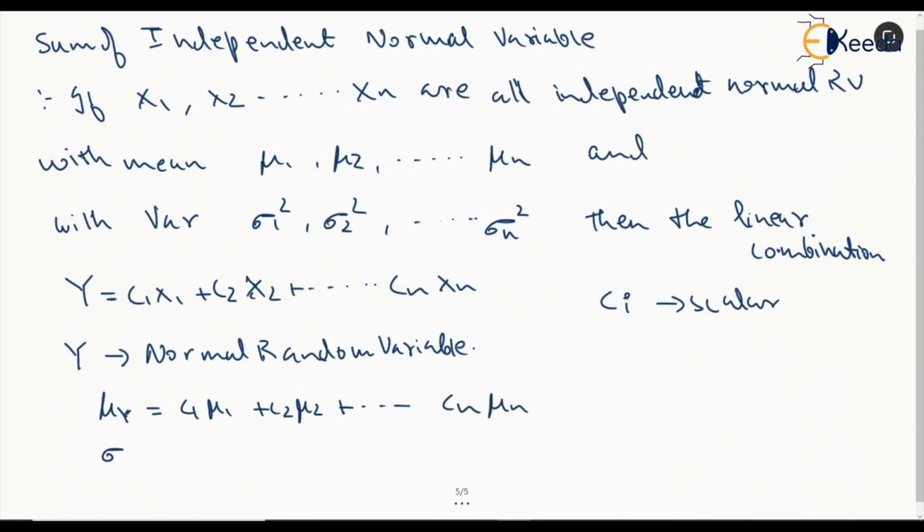Similarly, sigma y square, that is the variance, will be given as c1 square sigma 1 square plus c2 square sigma 2 square and so on up to cn square sigma n square, right?